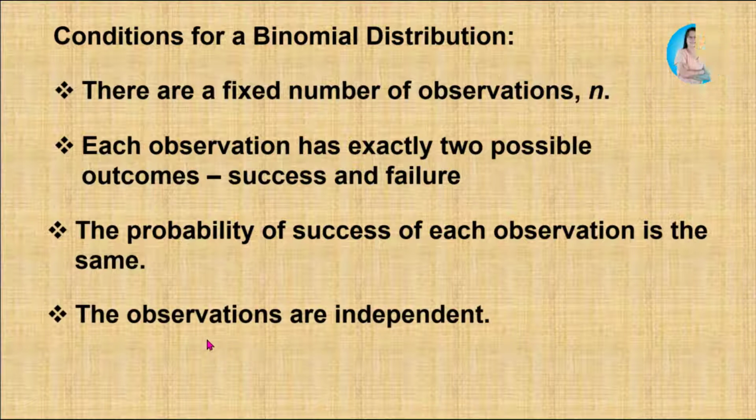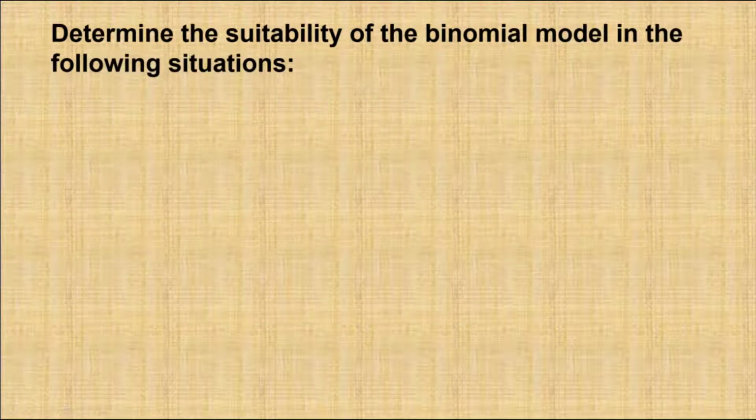The condition number 4 is that the observations are independent, which means the first outcome will not influence the following outcome. Now let us try to determine whether the following situations are suitable to be modeled as binomial distribution.